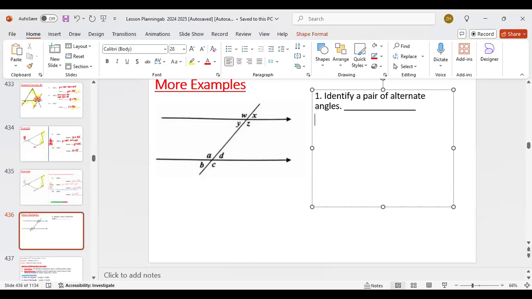The next question is, identify a pair of corresponding angles.